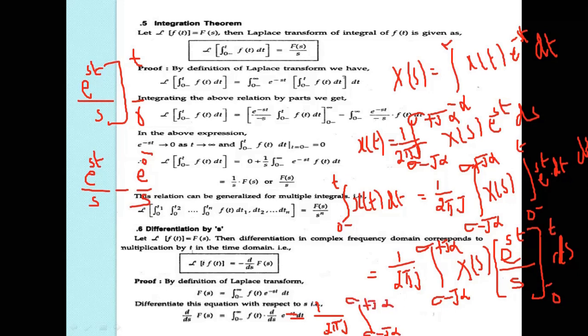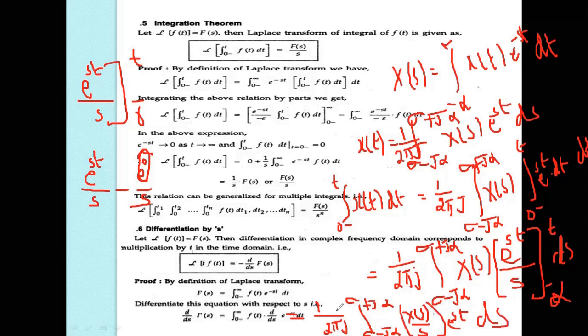After substituting the t value, there is no change. And actually, if I am taking the 0 minus value, it is unilateral; for bilateral, minus infinity gives 0, and 0 by s is 0. So X(s) by s, e to the power st ds.